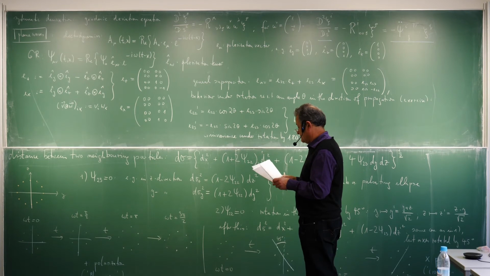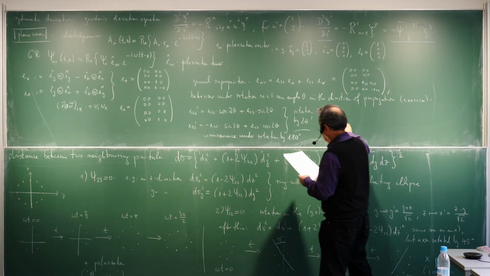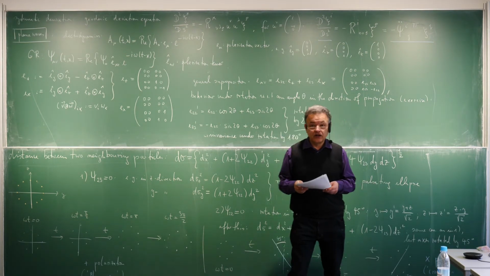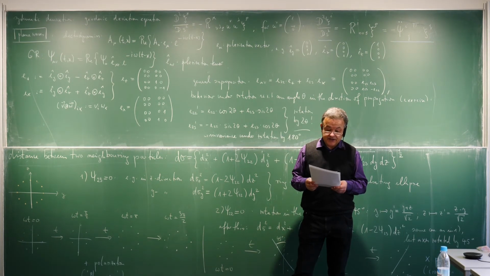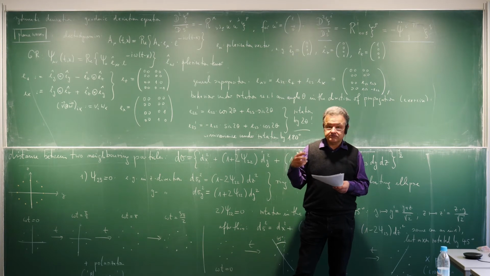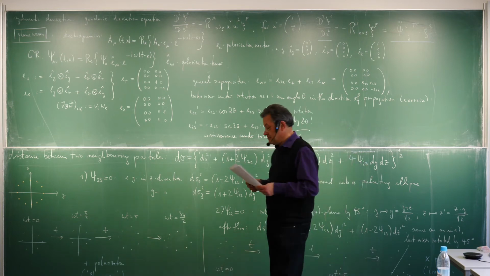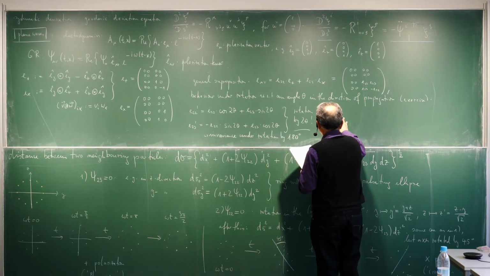Now, in electrodynamics, you know that we also discuss other polarization states. These other polarization states are called circular polarization, right and left circular polarization. And they are usually defined the following way.